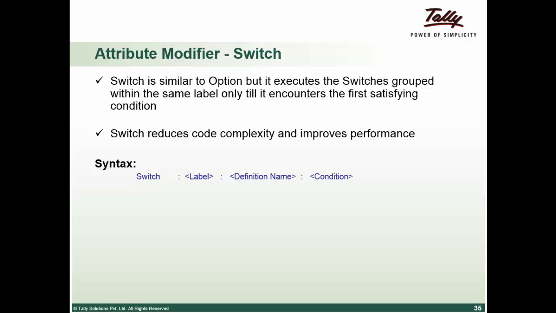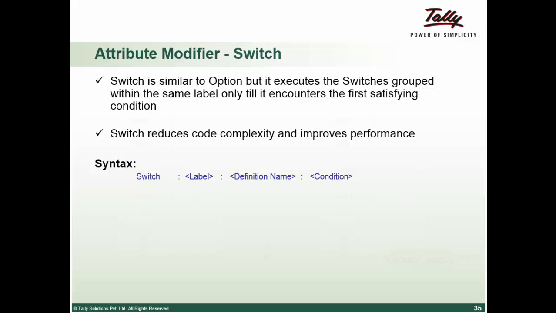As in companies, we have various departments, right? People of the same nature of work are put in a department together. Similarly, in switch, definitions with similar kinds of conditions can be grouped together, and one satisfying condition will get executed.